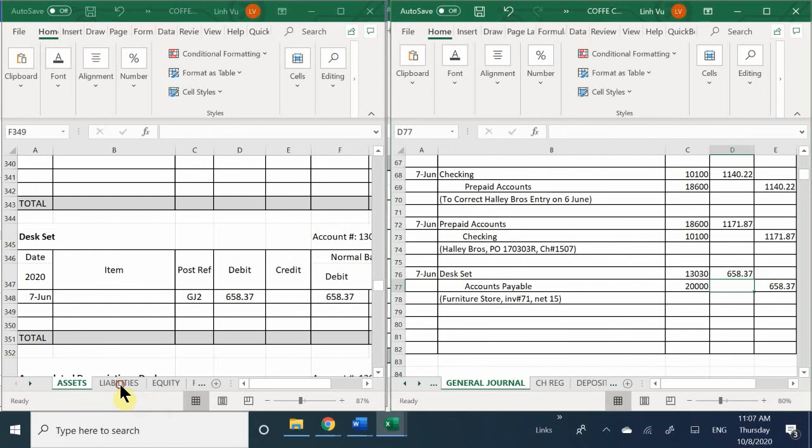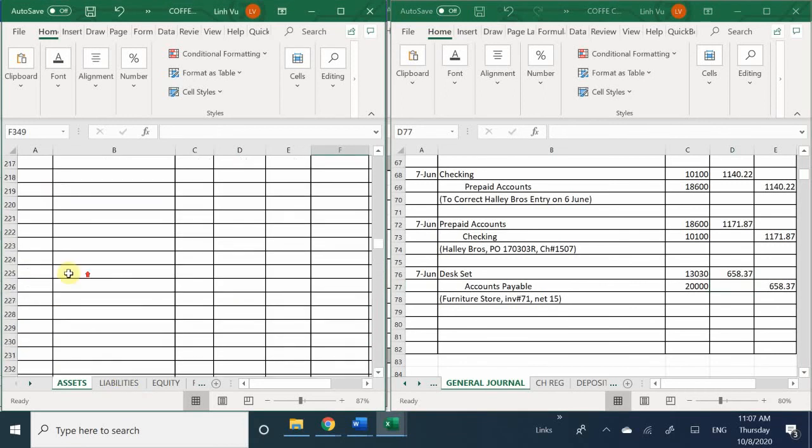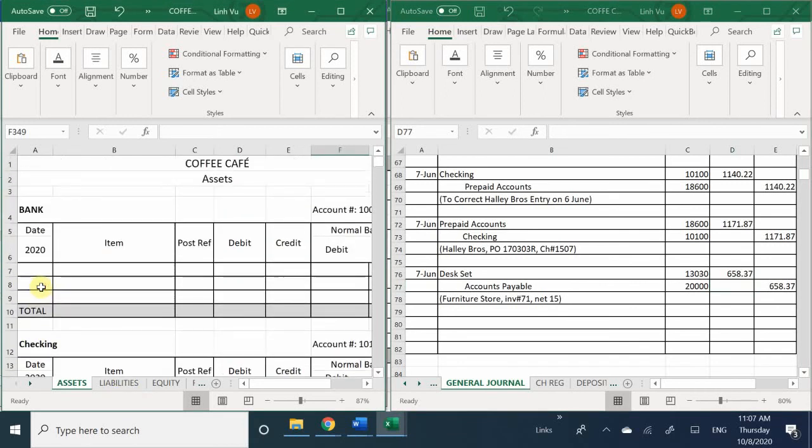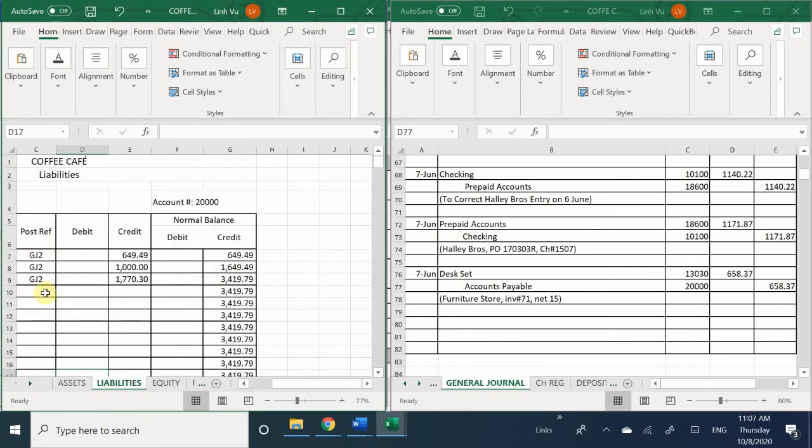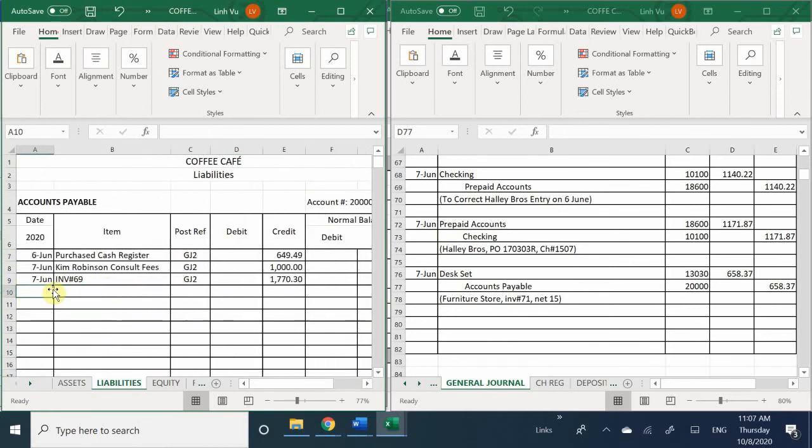All right, go to my liabilities. All the way at the very top. At the top of my liabilities, I'm going to enter that I received this, and I'm also going to place in my invoice so then I know what I bought. Invoice number 71.